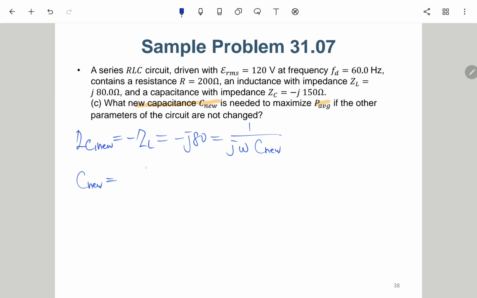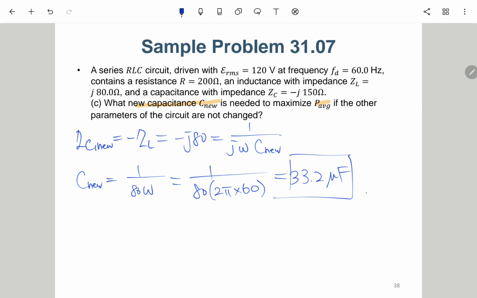Then take the reciprocal: 1 over 80 ohm. We put C to the left side and 80 to the right side, so this is 1 over 80, and then omega is 60 hertz, which is 2 pi times 60. So this is nothing but 33.2 microfarad.